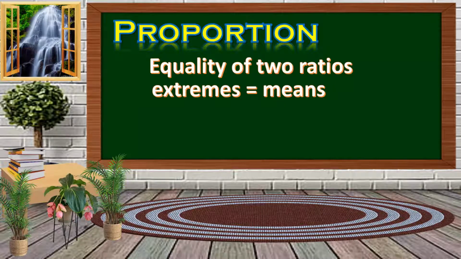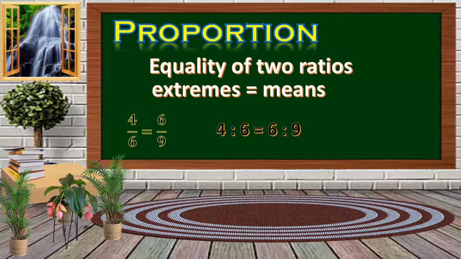To elaborate, we can use this example. We have 4 to 6, and we have 6 to 9. In colon form, that is 4 to 6 and 6 to 9.